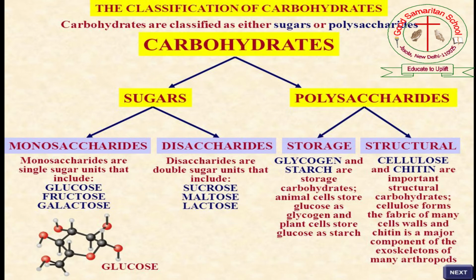Mono means one, so a monosaccharide is a carbohydrate made up of one unit of sugar. Di means two, so a disaccharide is a carbohydrate made up of two units of sugar, and poly means many. So a polysaccharide is made up of many sugar units bonded together.